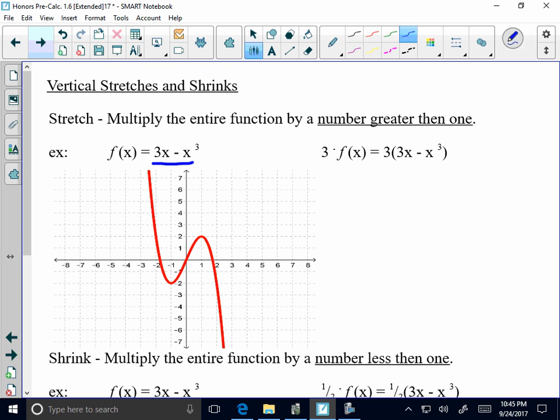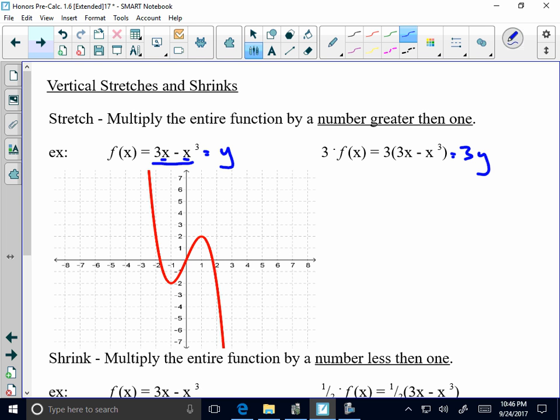So right here, if I take my f of x as 3x minus x cubed, just like we did before, I want to remember that this equation is basically giving me my y values for the x values that I plug in, right? So when I multiply f by 3, or that equation by 3, really I'm multiplying all my y values by 3, and that's going to be a vertical stretch of 3.